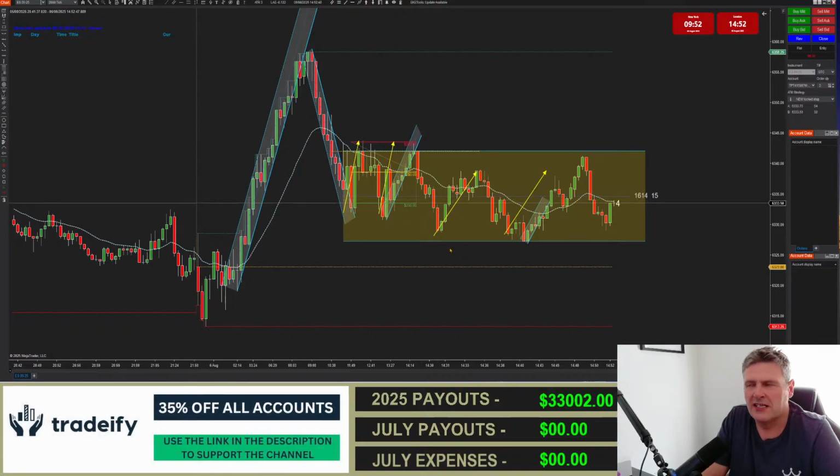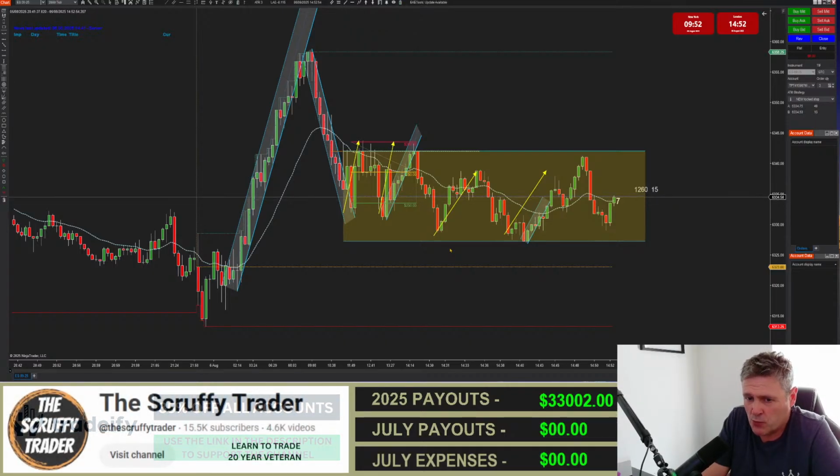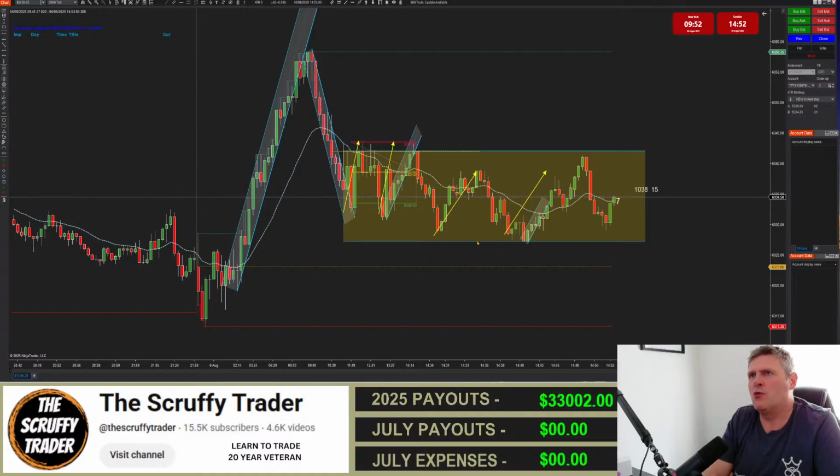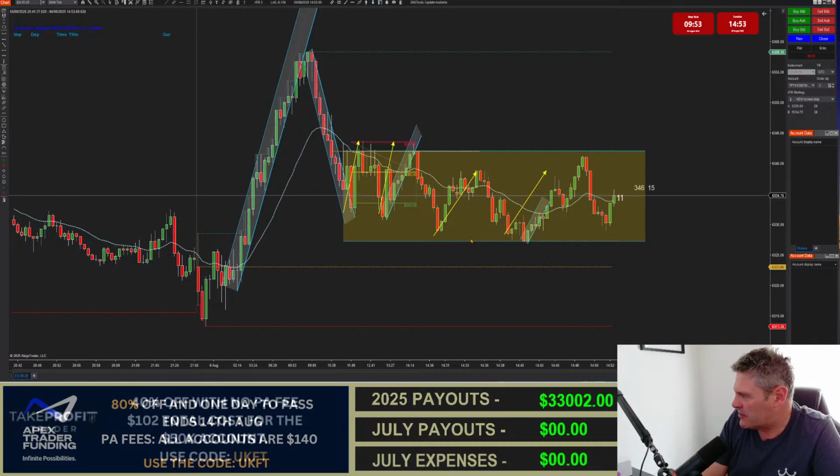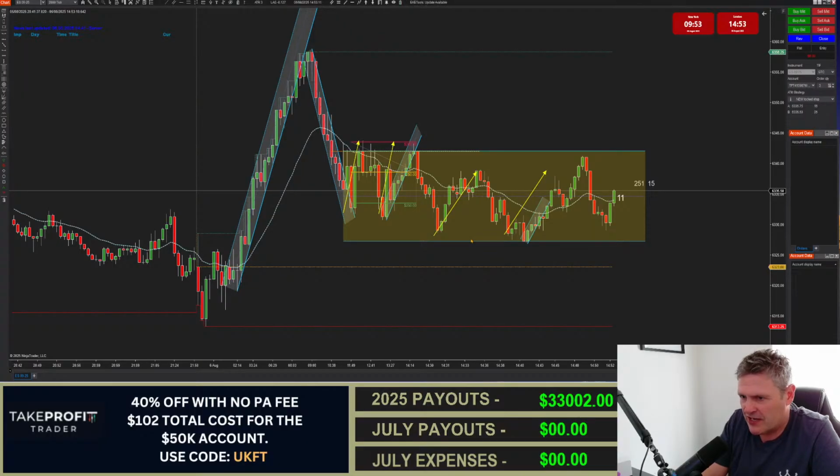Hindsight, it's easy, isn't it? But in real time, you're not quite sure where things are going to go. You just have to see what looks like a setup and take it. But the trouble is, the way Mac teaches you and the way he talks about price action is if it doesn't work, there's a reason. Whereas 99% of other traders and professional traders I've seen, sometimes things just don't work. They take a trade, it doesn't always work.